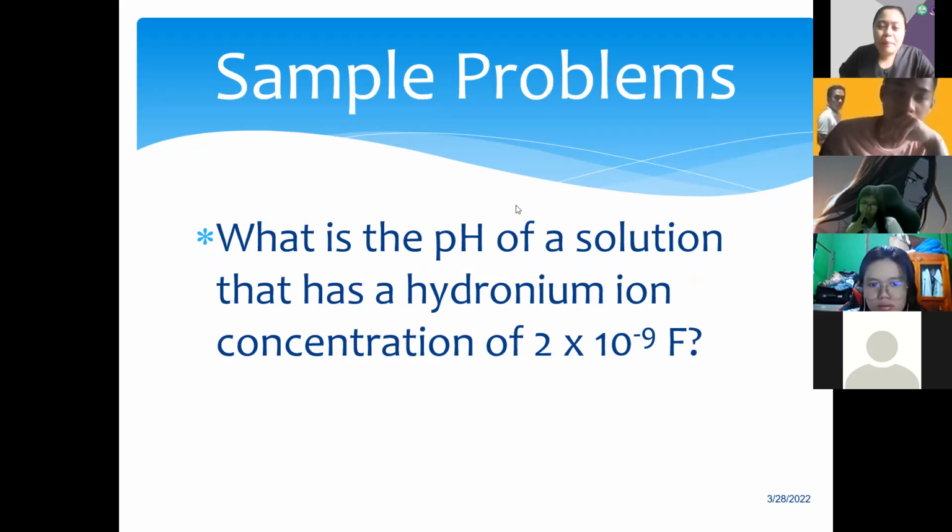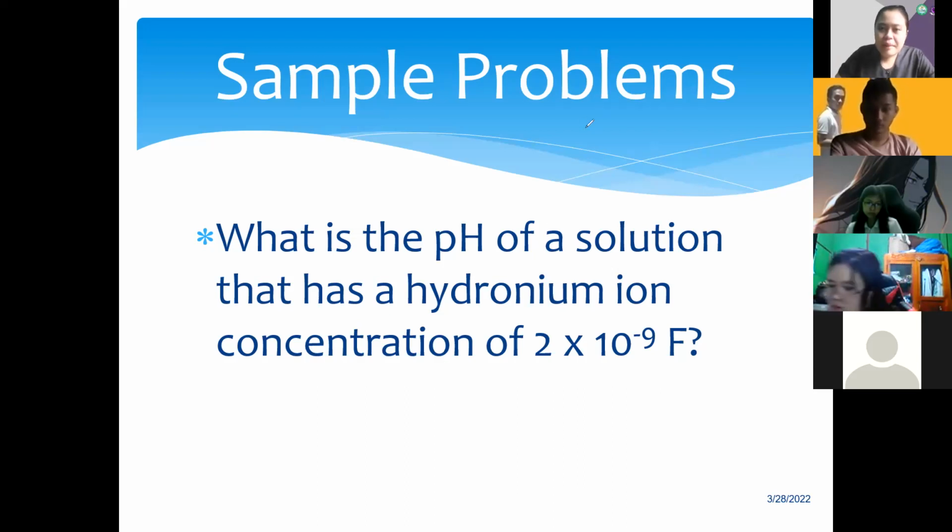Now, what are the sample problems involving computation of pH? We have here, what is the pH of a solution that has a hydronium ion concentration of 2 × 10⁻⁹ formal? Now, remember that H plus can be substituted with the hydronium ion concentration.